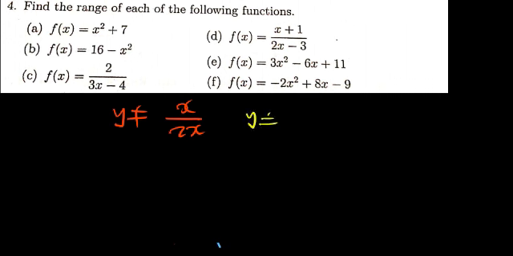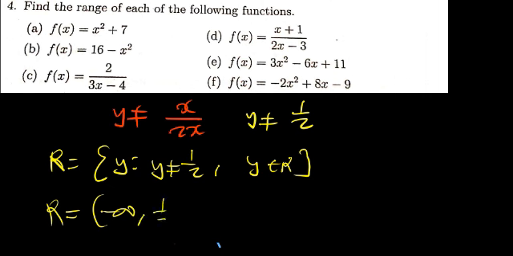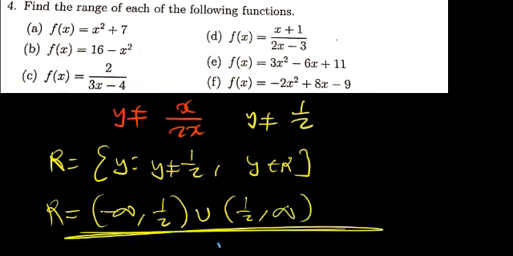Therefore y will be equal to 1 over 2. So the range is y is such that y should not be equal to 1 over 2, y is a member of all real numbers. Another thing I can say, the range is from negative infinity to 1 over 2, union 1 over 2 to positive infinity. That's the range.